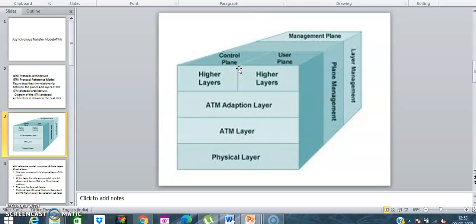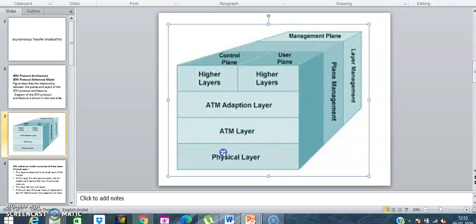The physical layer is responsible for controlling the transmission and receipt of bits as well as maintaining the boundaries of the ATM cell. The ATM protocol reference model makes reference to 3 separate planes. First, user plane; second, control plane; and third, management plane.